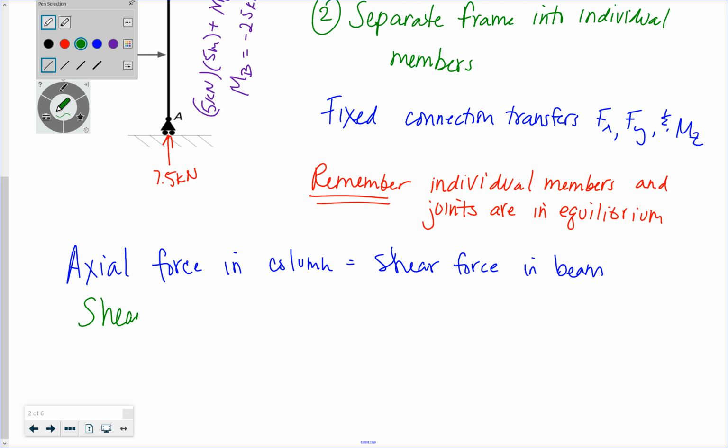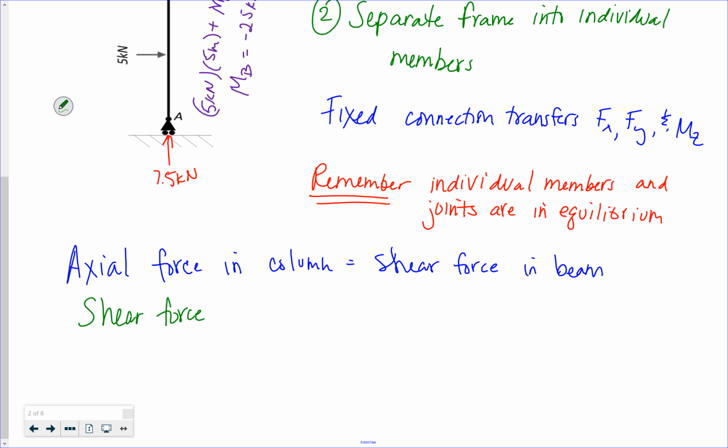Your shear force in your column is equal to your axial force in your beam.